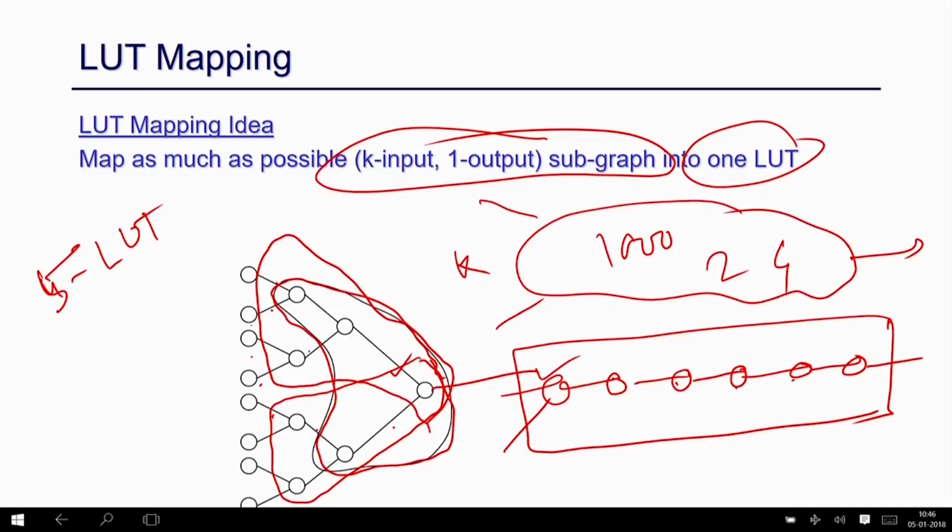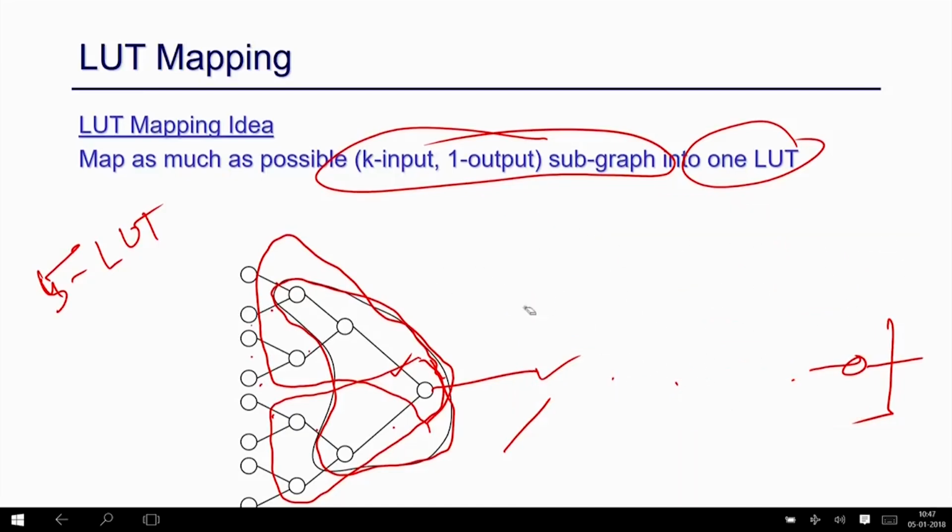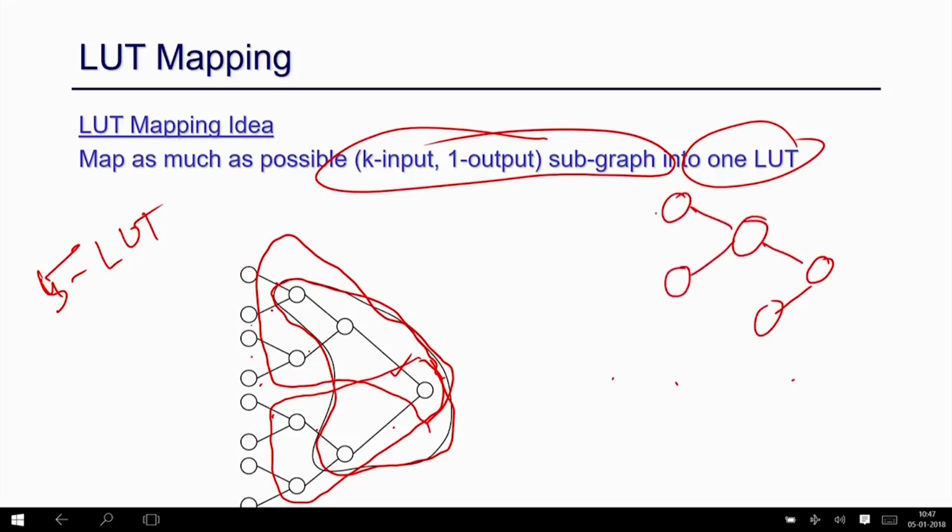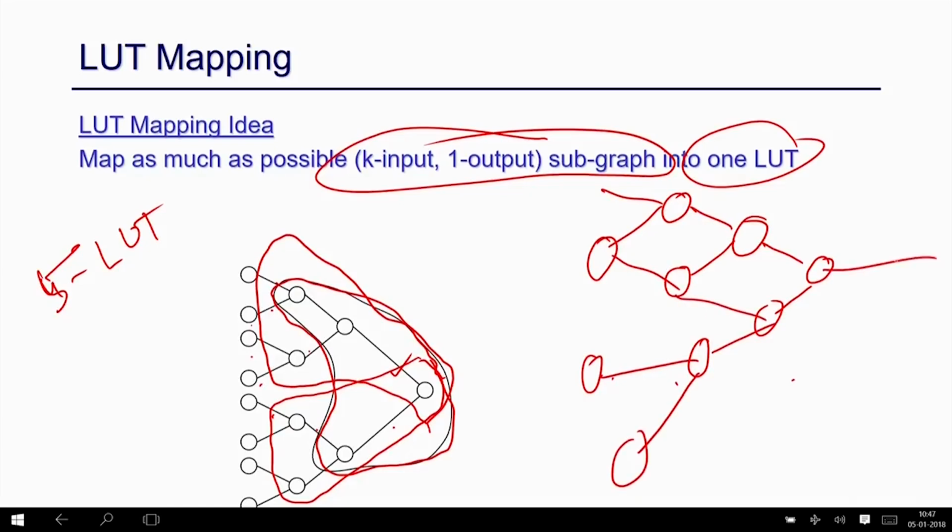Suppose I consider some arbitrary circuit like this, and I want to map it into 4-input LUTs. If I select this one, it maps to one LUT, so this is LUT 1.